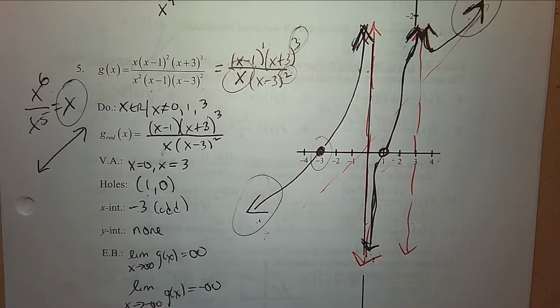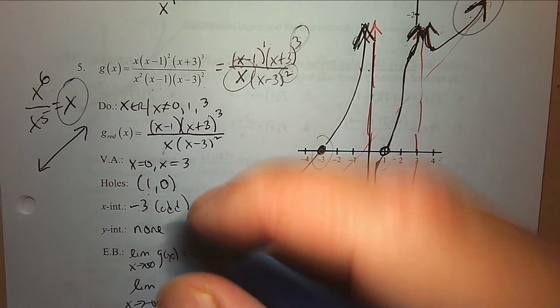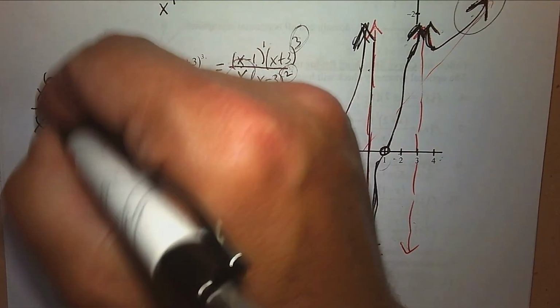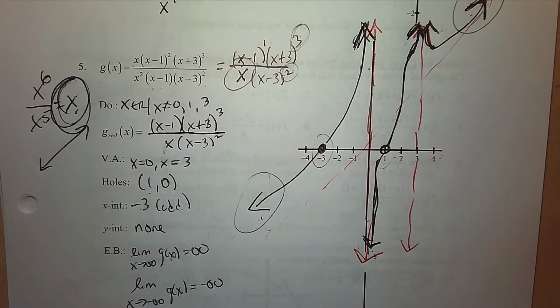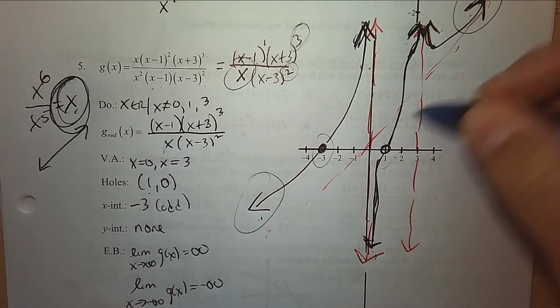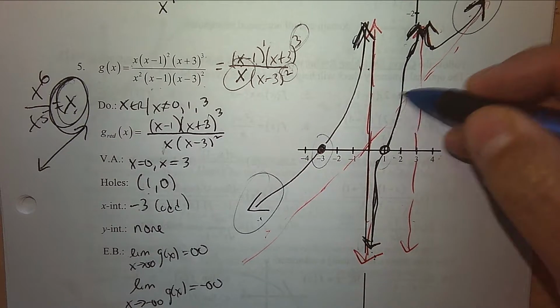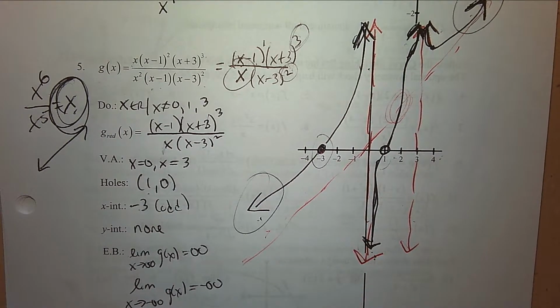Remember, you know what the oblique is going to look like? It's y equals x. So do you see that right here? Now the question is, you're thinking, why doesn't it, like this part right here, right? And the answer is really simple. The only thing that it can't cross is vertical. So oblique, horizontal, that has to do with the end behavior, but it can cross over at those points.